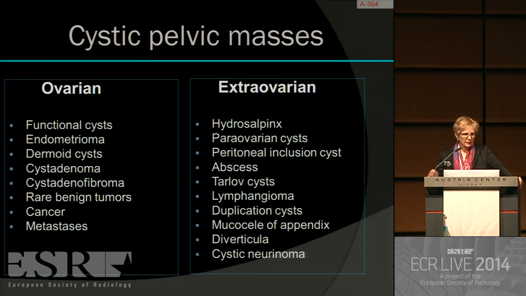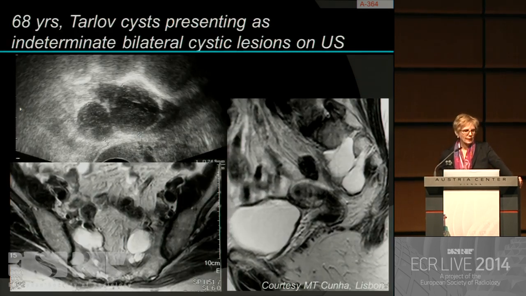This is crucial because the differential diagnosis is completely different if we deal with a lesion that is of ovarian or of extraovarian origin. And it's quite often that these are cysts, lesions of indeterminate origin in sonography. And I want to illustrate this with this case of a patient, 68 years of age.